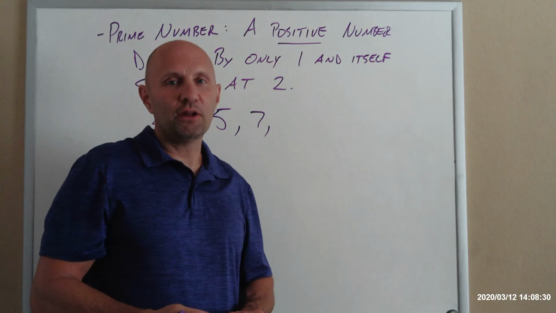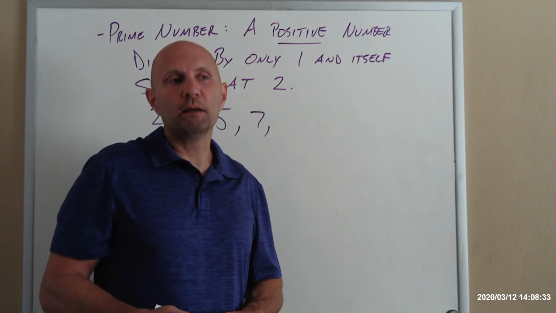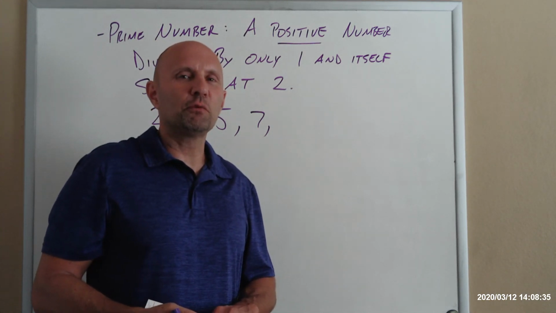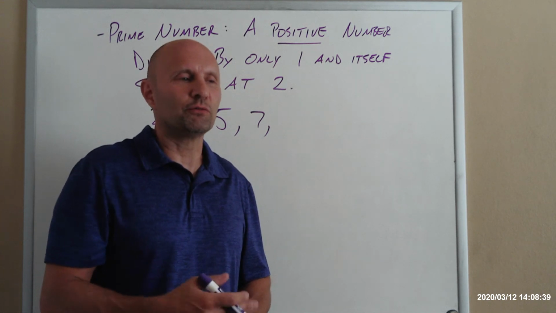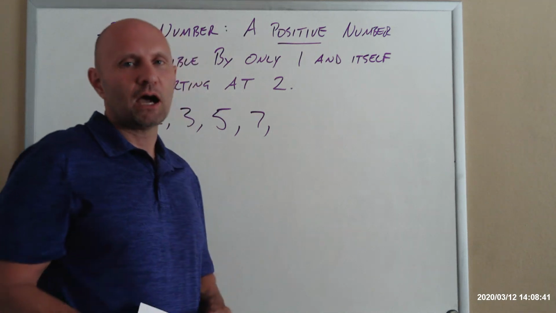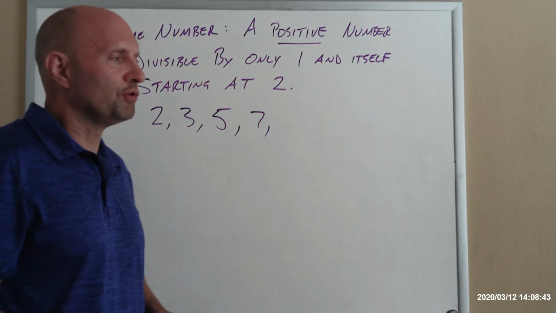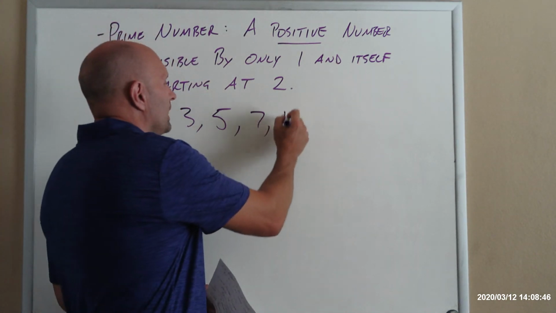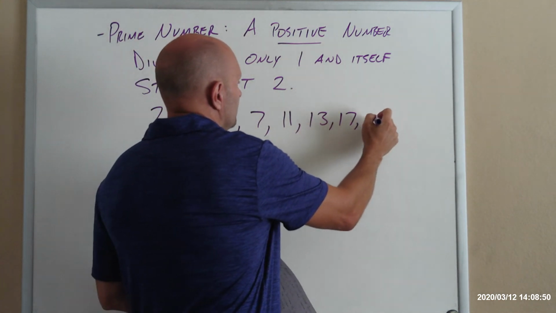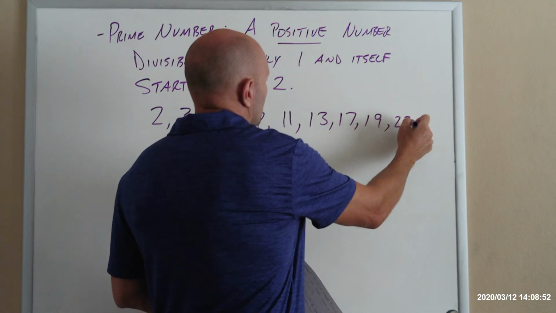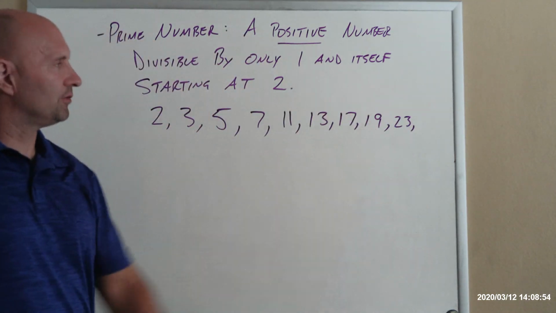Well, 9 is an odd number, so it could be prime, because is 9 divisible by anything besides 1 and 9? The answer is yes, it's divisible by 3, so therefore it's not prime. How about 10? Divisible by 2. 11, prime. 13, 17, 19, 23, and so forth.